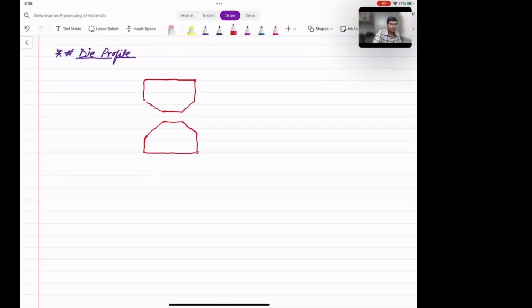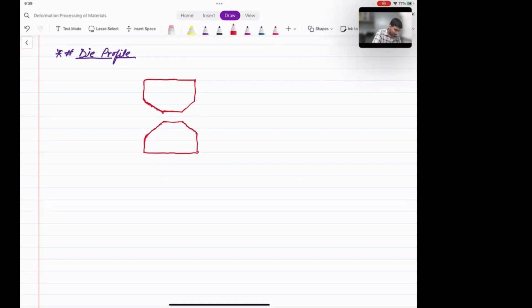Okay. So there are some terminologies associated with it. Let us see them. So the entry here is curved, as you can see here and here.